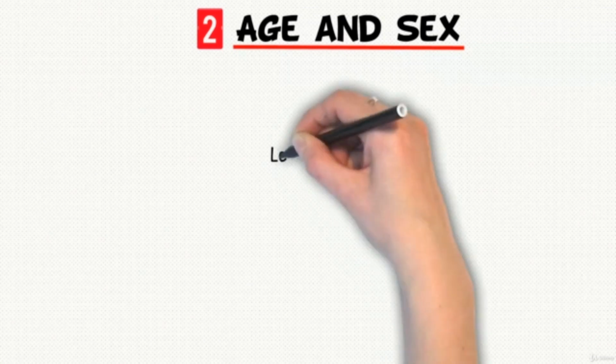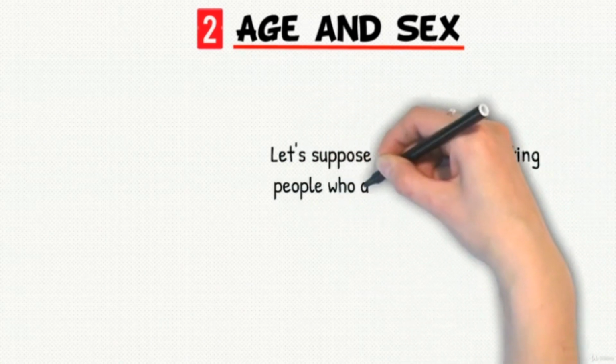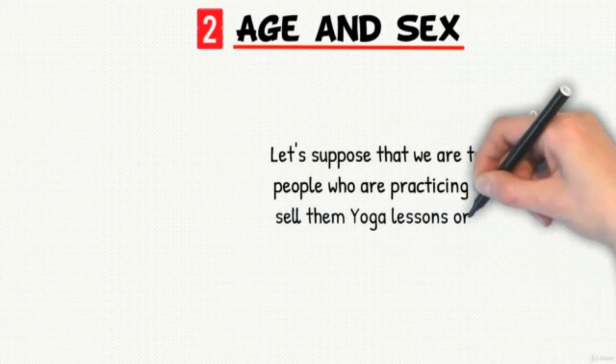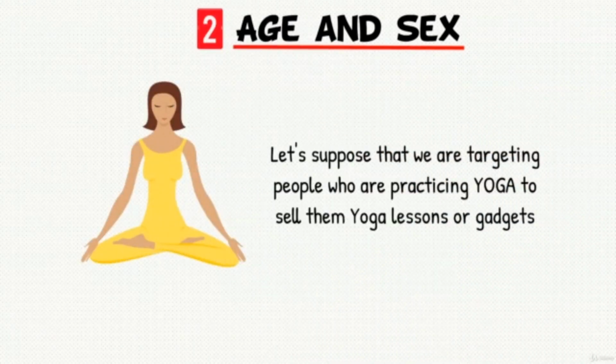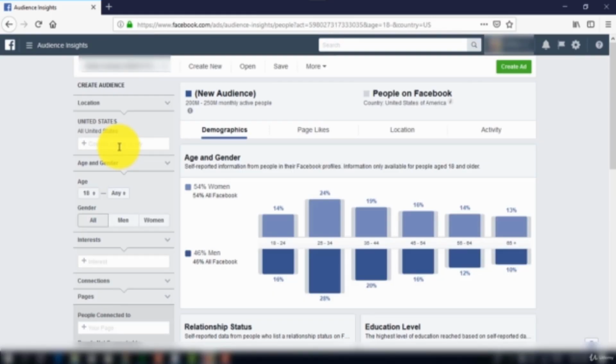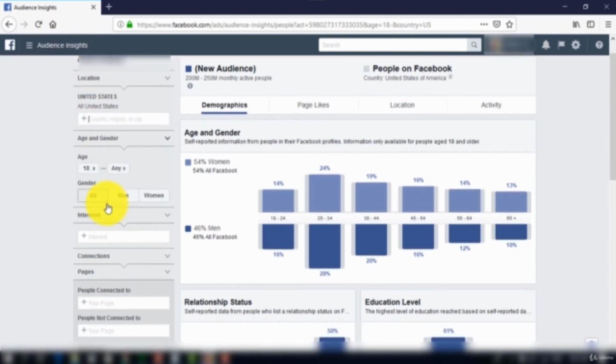Let's move now to see age and sex. But before choosing which age and which sex to target, let's suppose that you are targeting people who are practicing yoga to sell them yoga lessons or gadgets. Let's go together to Audience Insights and choose the United States as a country. And you will type yoga in the interests.